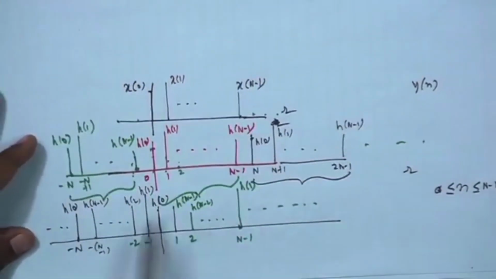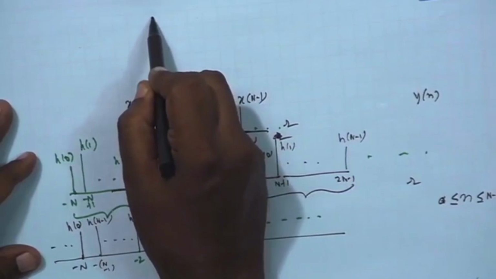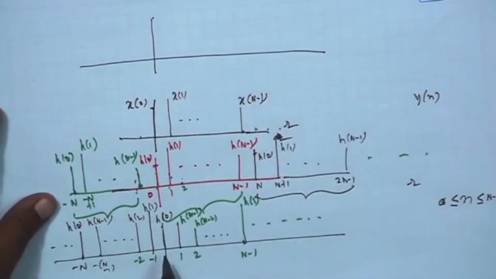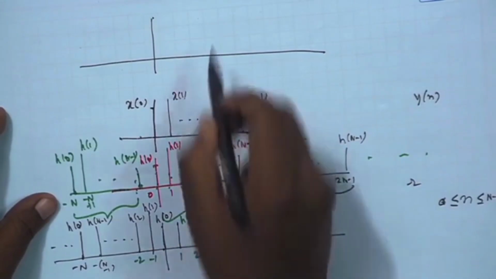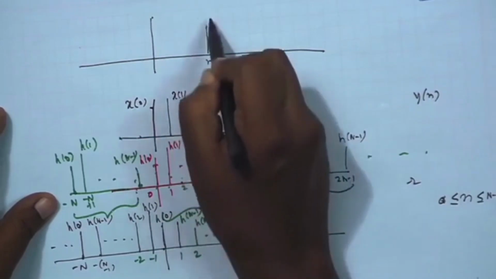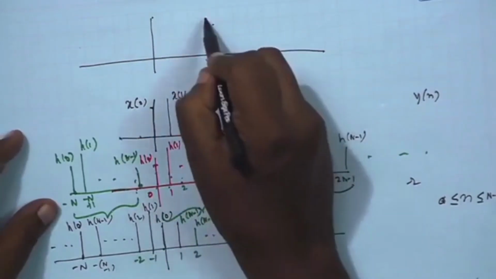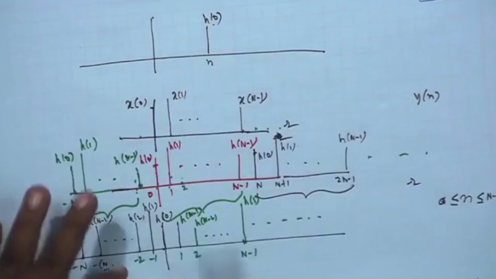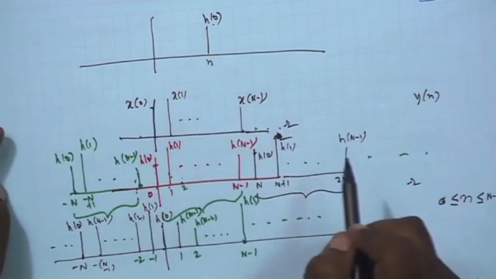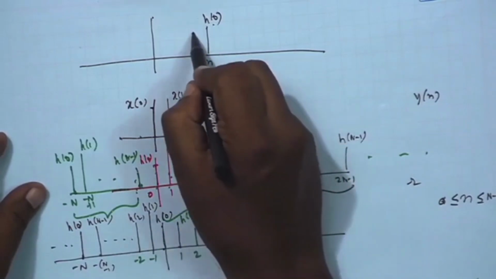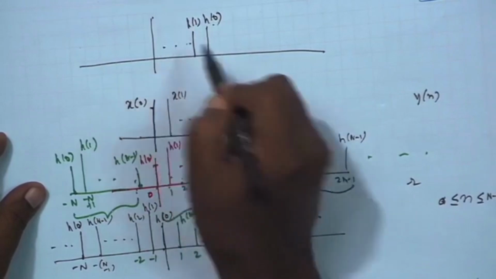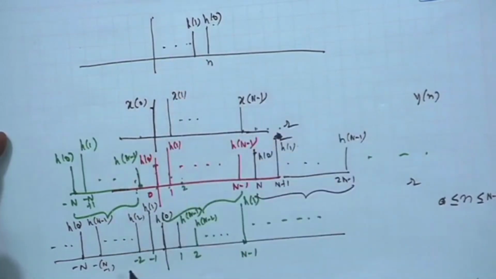So, if you now flip it, I am writing here, after flipping and shifting by n, H0 will go to the nth point. Here H0 will move: after one shift H0 will come here, two shifts it will come here, n shifts it will come here, then it will be followed by H1, dot dot dot, then H2, dot dot dot.